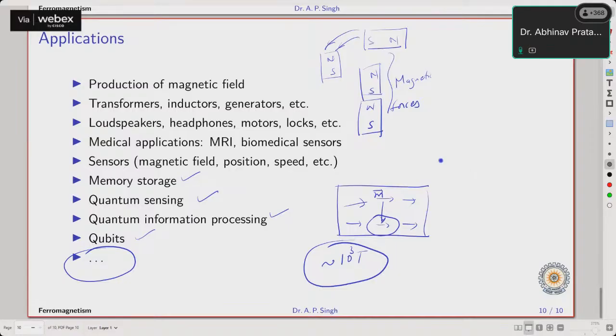So my point is that you have to actually calculate the value and confirm yourself that whatever magnetic field is produced by one dipole onto the other dipole is almost zero. It plays no role in the ordering. So it is not the magnetic field which is leading to this ordering. It is actually the electrostatic field.